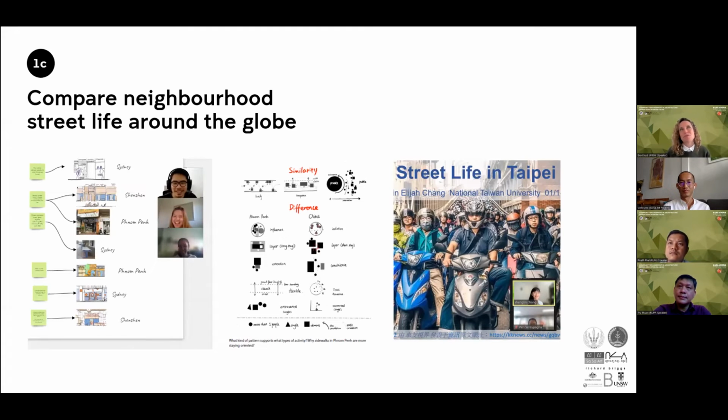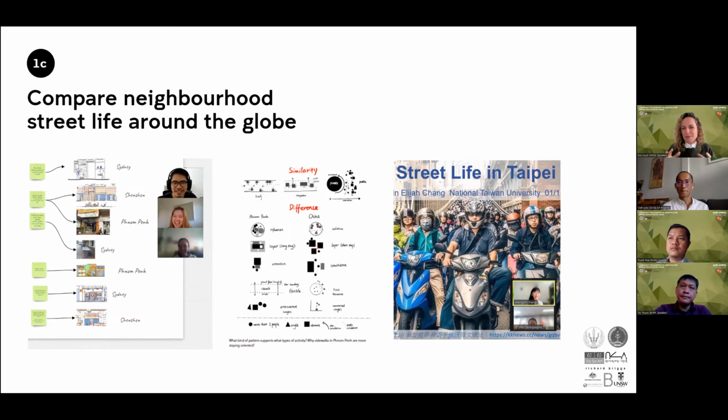So following this process of field-based looking, listening, and drawing, we brought students and our teachers together online, and we asked students to compare neighbourhood street life around the globe, and also to listen to some great guests, some of whom are here today, talk about street life and give feedback in their local areas.